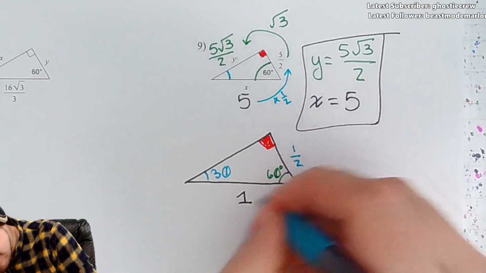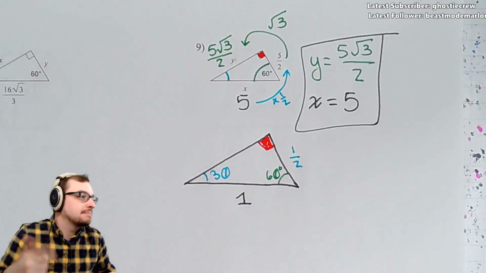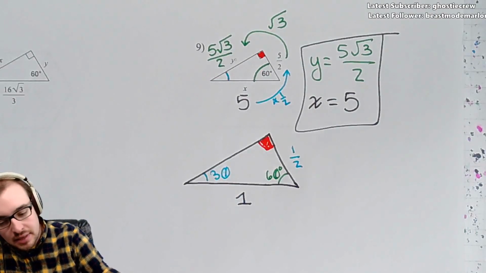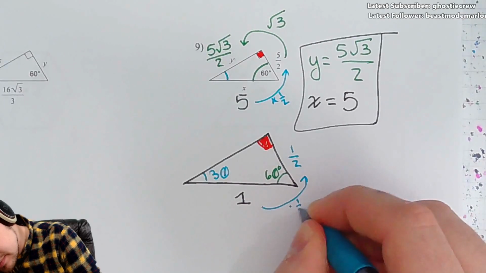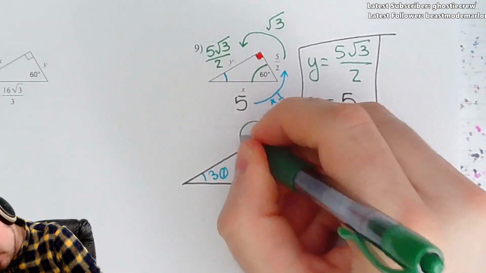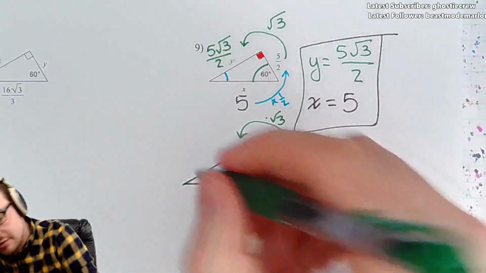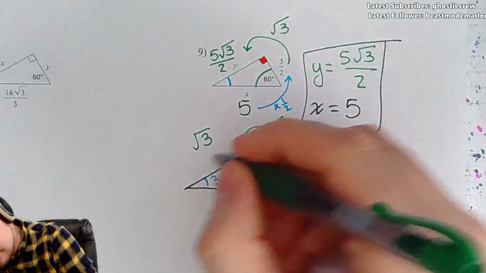We cut this guy in half and we get our answer here, which in this case is just a half. Half of 1 is a half. So we times this by a half to get our answer: 1 times a half is a half. And then we times this by root 3 to get our answer: root 3 times a half is root 3 divided by 2.